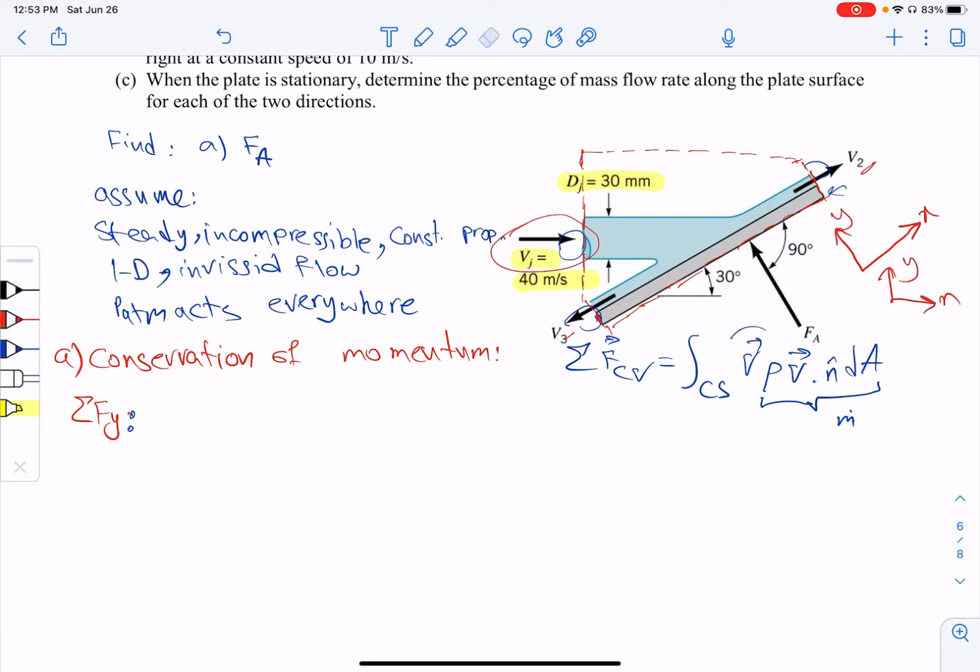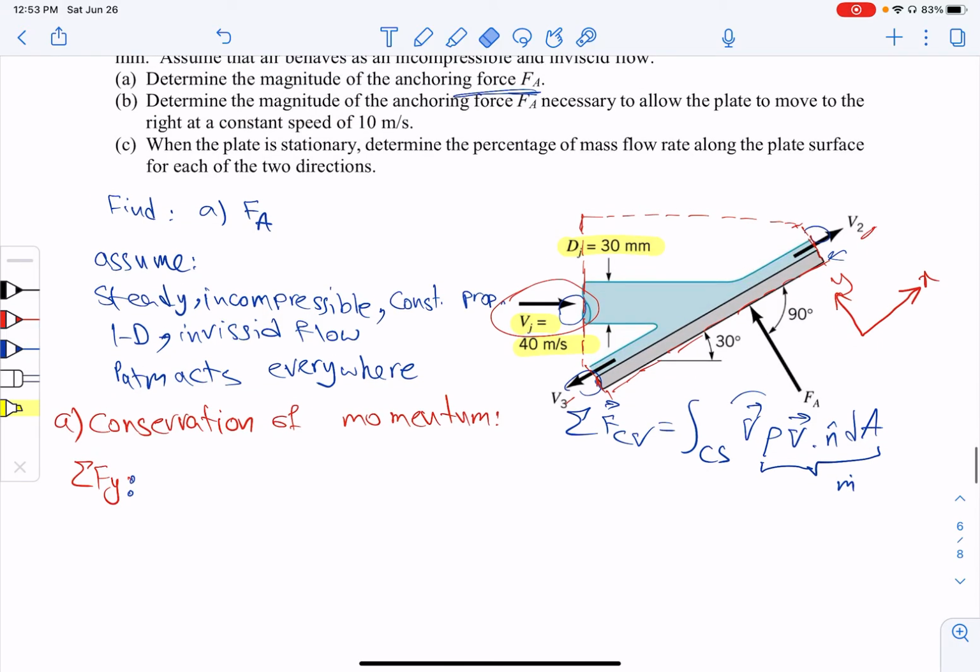So I prefer to have this coordinate system. Otherwise, even if you consider the other coordinate system, you're going to have the same answer if you make sure that you multiply by sine theta and cosine theta. So now we have that one, and then let's write it down.